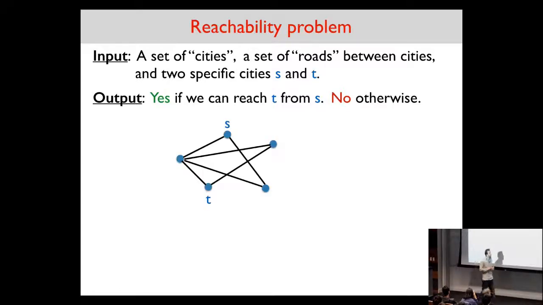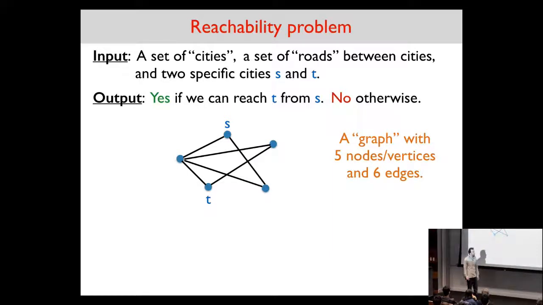So we can represent an input of this form like this. Each node here, each vertex corresponds to a city, and we put a road between two cities if there's a road between them. And we're given two vertices S and T, and we're asked, is there a path from S to T in this structure?